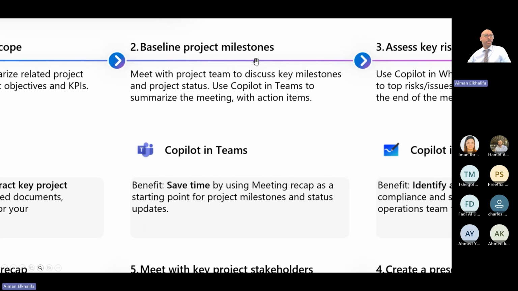Baseline project milestones. Well, if you want to meet with the project team to discuss key milestones and project status, you can use Copilot in Teams, for instance, to summarize a certain meeting and extract the action items out of that meeting. And then you can even ask Copilot in Outlook to use the extracted meeting and write an email for you. Or you can use it in Teams.